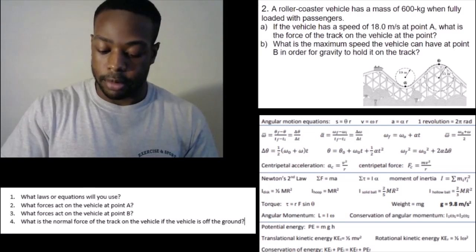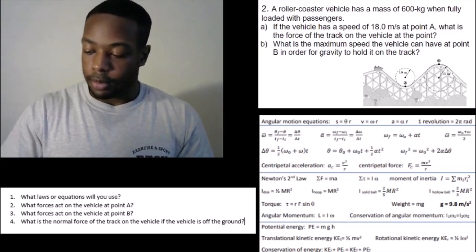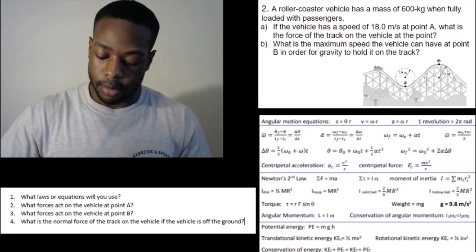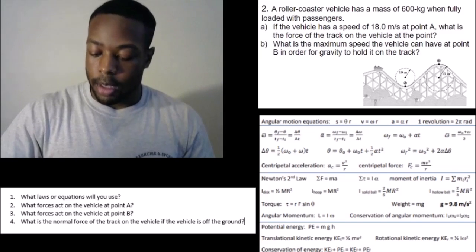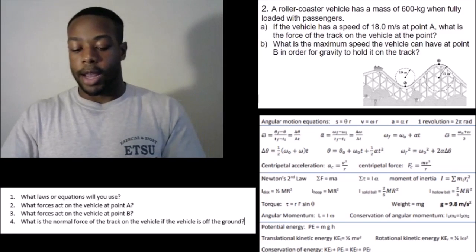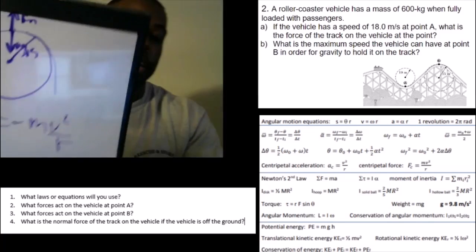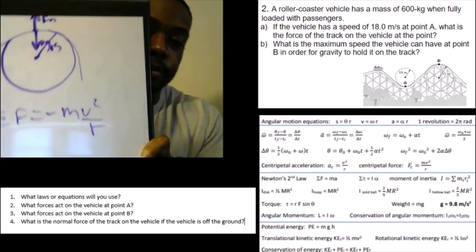So see what you get. And by now you should have something, and I've got the sum of the forces equal to negative mv squared over r.